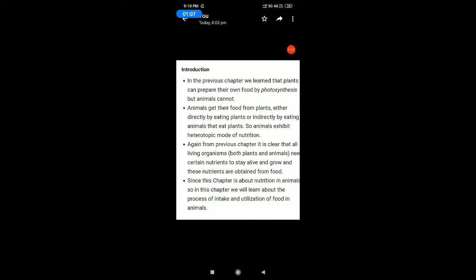Autotrophic means preparing their own food. Heterotrophic means depending on other organisms.